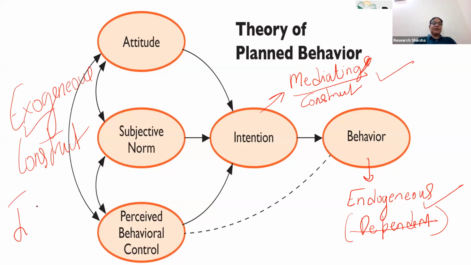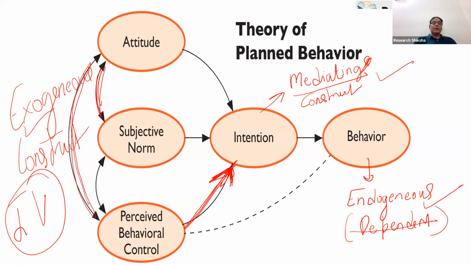Exogenous simply means independent variable, like the independent variable we have in the regression model. So we call these exogenous constructs. They are independent. And there are two types of arrows here. Basically, this arrow is a straight, one-sided arrow, and this is a double-sided arrow. You can see it is a double-sided arrow, right?